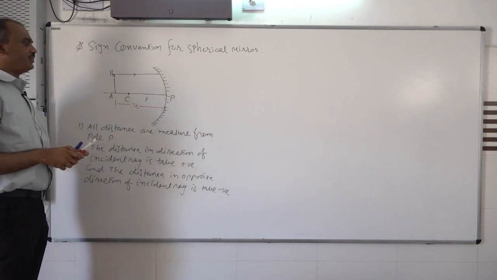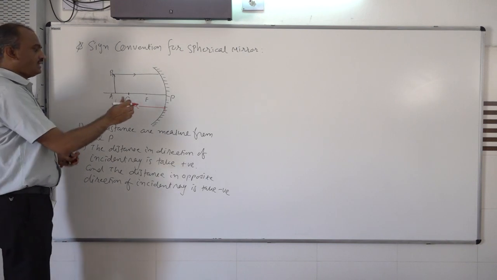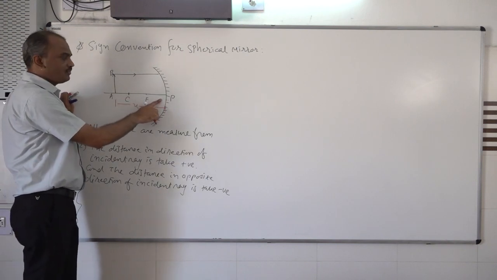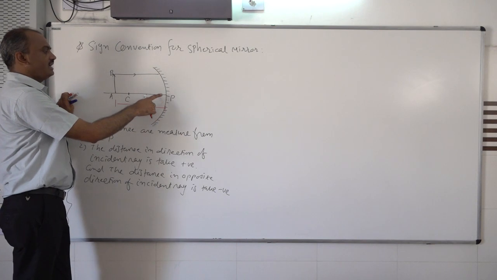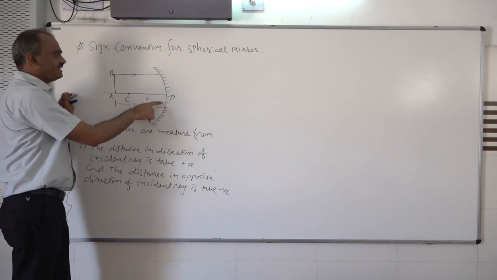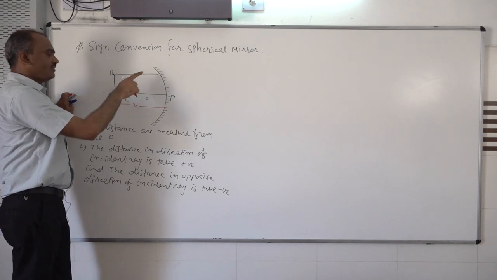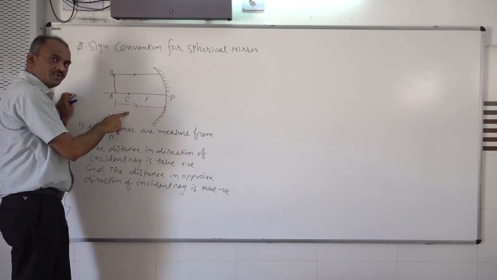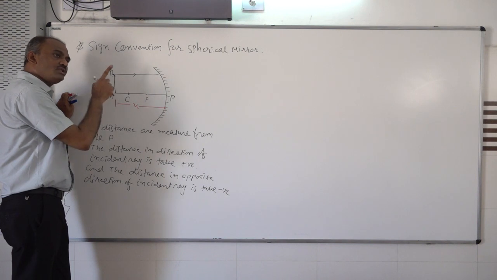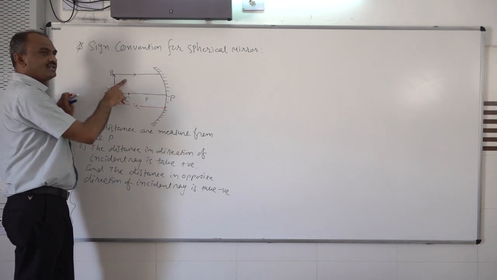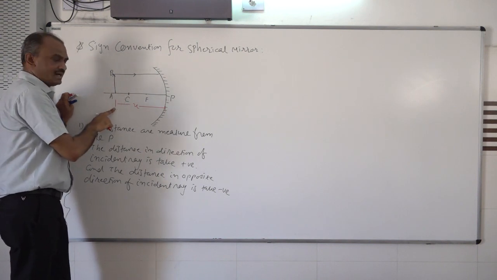This is a very important point. All distances we measure from point P, and if the distance is in the direction of the incident rays, we consider it positive. If the distance is opposite to the direction of the incident ray, we consider it negative.